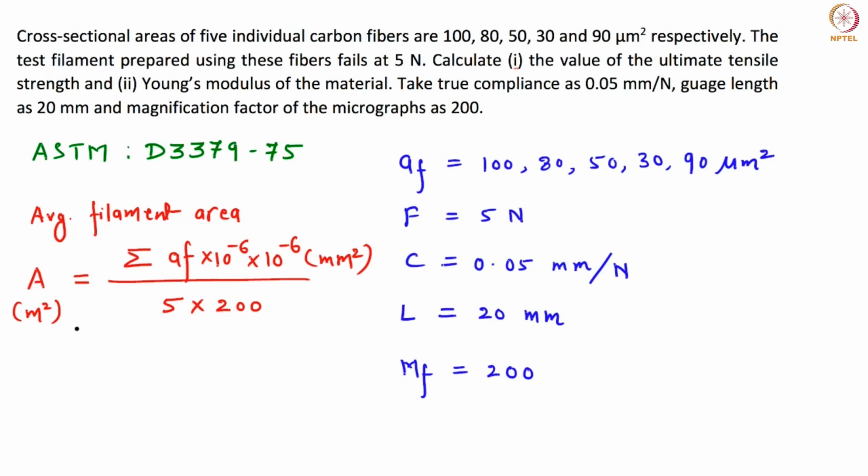After all of this, I have calculated the value of the area, and it comes out to be 1.75 into 10 power minus 9 millimeter square. I have already done the conversion from square meter to millimeter. These conversions are something that you have to be careful with. So this is the value of the area.